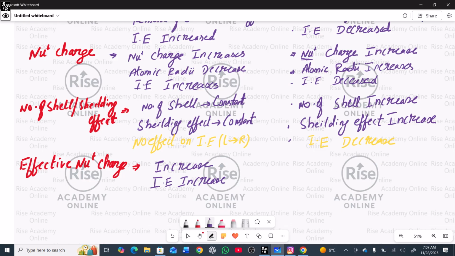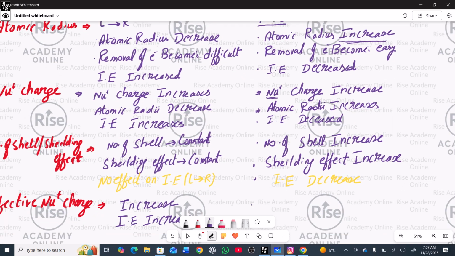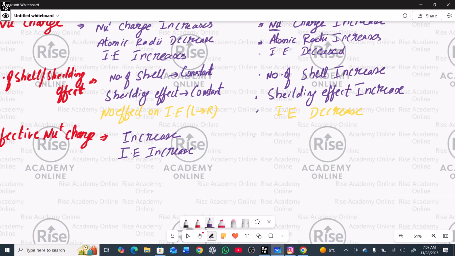Now coming to moving from top to bottom in a group, effective nuclear charge decreases. As the nuclear charge increases, but due to the increase of number of shells and shielding effect, they work in the opposite direction of the nuclear charge, and the resultant is effective nuclear charge. Now these two factors are more dominant.